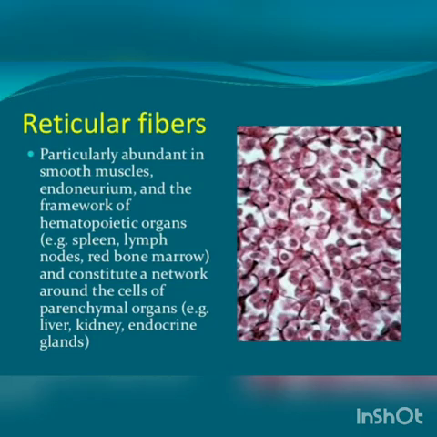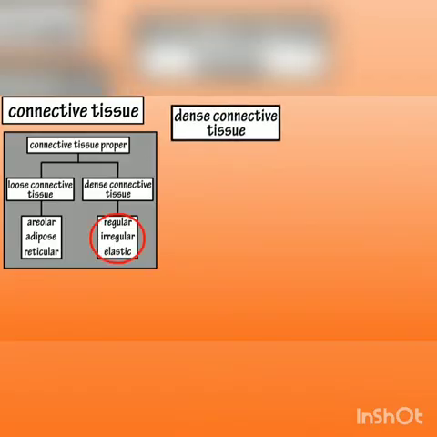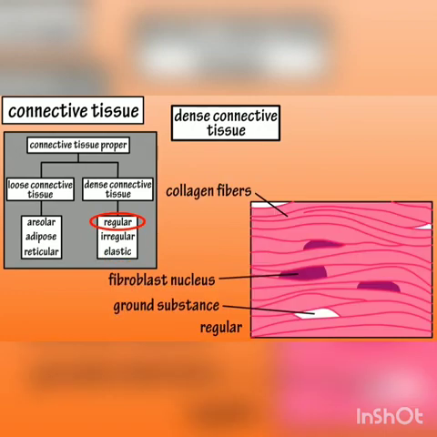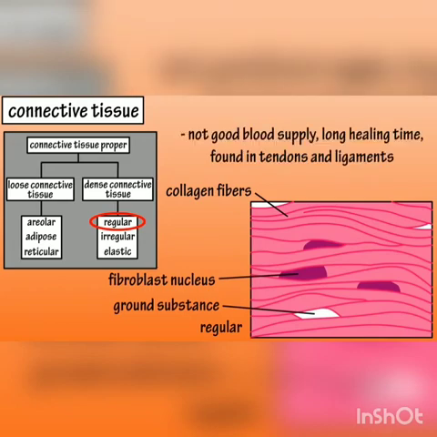And next is the dense connective tissue. These fibers and fibroblasts are compactly packed in this dense connective tissue. It is divided into three: regular, irregular and elastic. Dense regular connective tissue primarily contains collagen fibers in rows between many parallel bundles of tissues, and a few are elastic fibers.